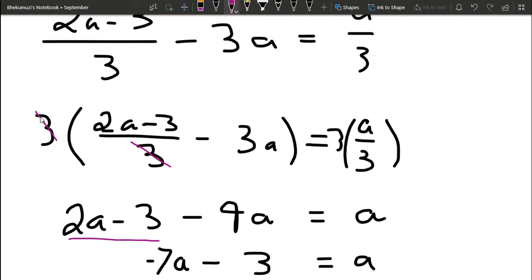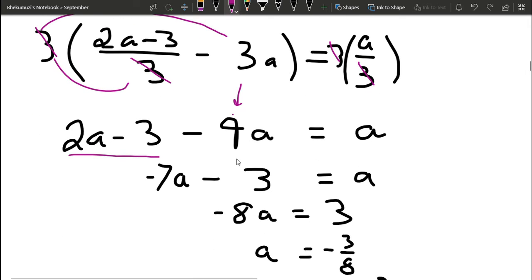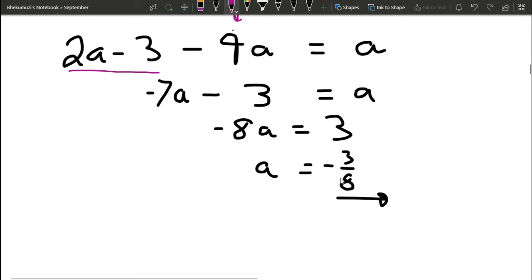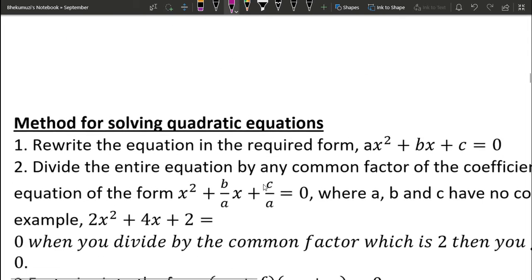And if I say 3 multiplied by minus 3, it will give me 9, right? And remember, I did the FOIL method, or distribution. And here as well, 3 will cancel out with the other 3, and I'll be left with a. Then it's quite simple from there. I group the like terms, and I find my final answer, which is minus 3 over 8. Okay, so that is that example.